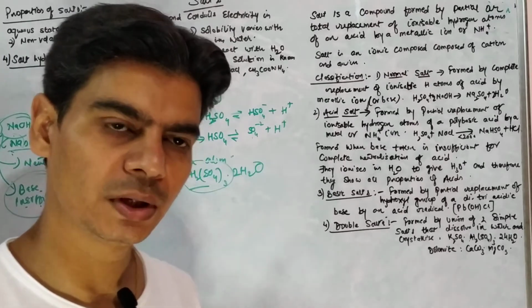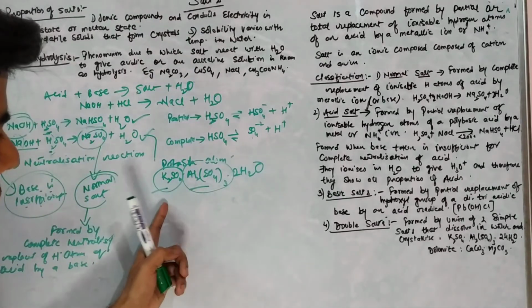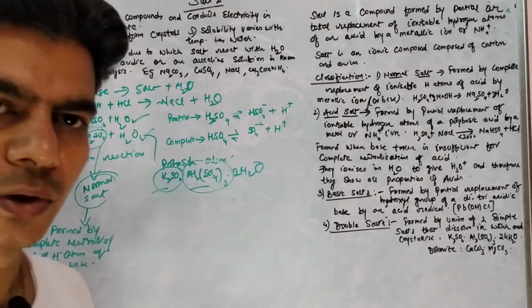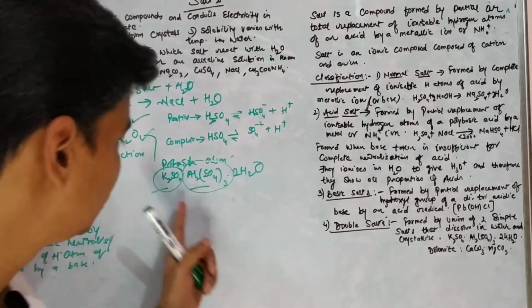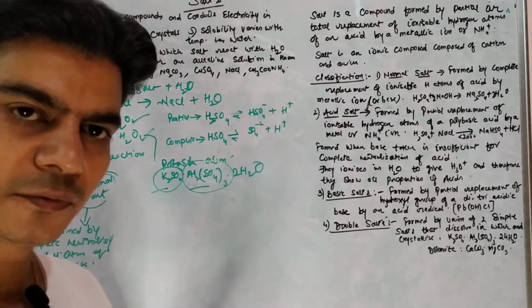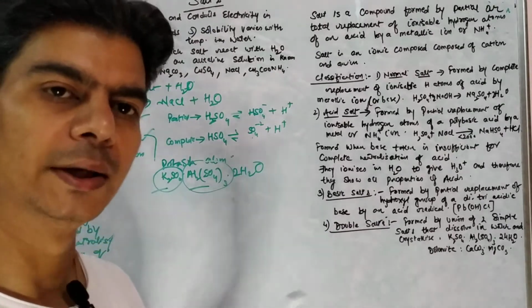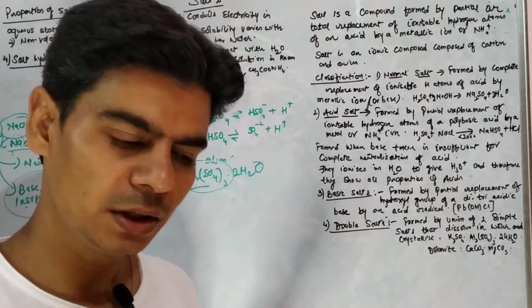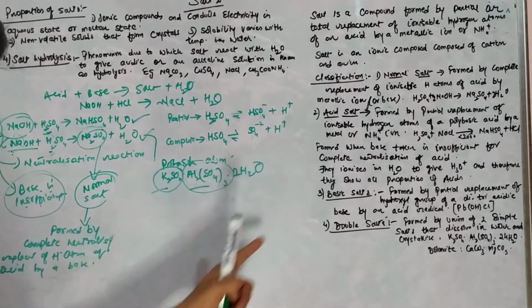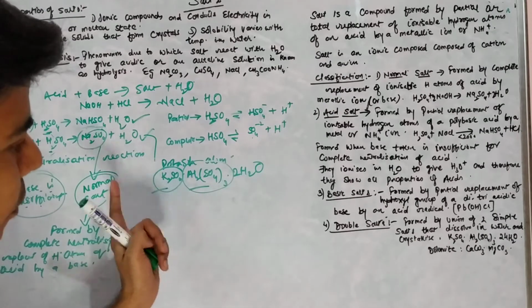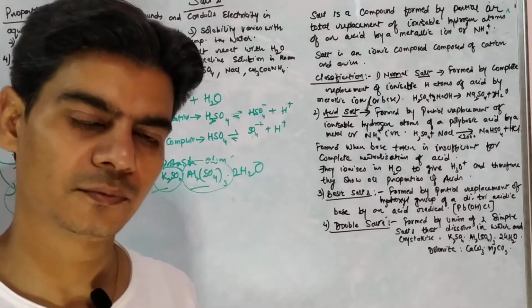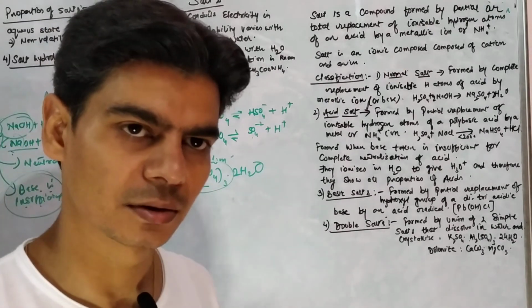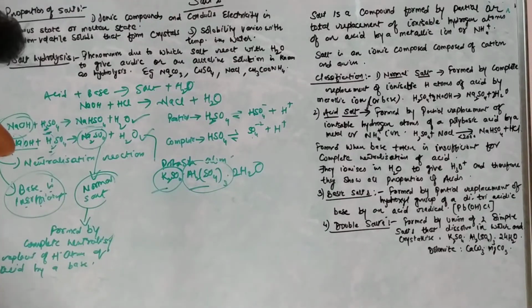We cool the mixture of potassium sulfate and aluminium sulfate solutions, right? After some time we allow it to cool, right? When we cool it, the double salt potash alum will form. It will form this double salt on crystallization, right?